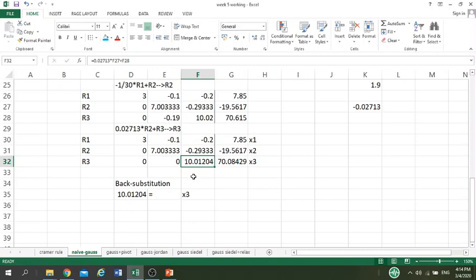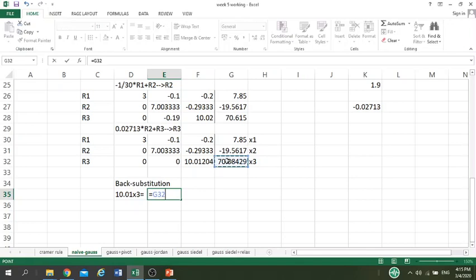So this is actually the value of x3 equals 70.08, this number.